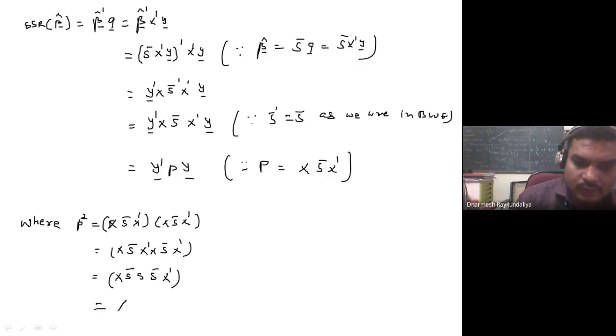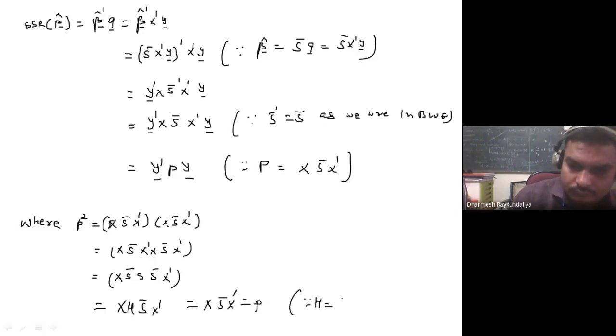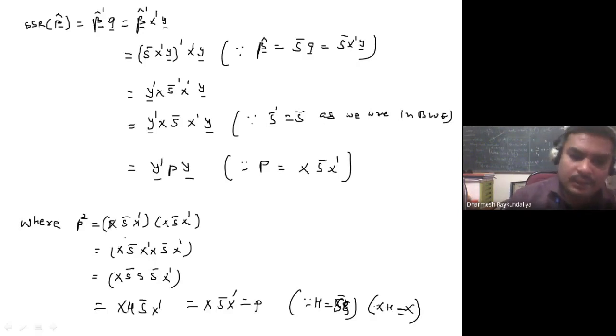So that can be written as X S̄ X', but S̄ S equal to I, so we can write it as X S̄ X', and that is P. Okay, so it means that P is idempotent.